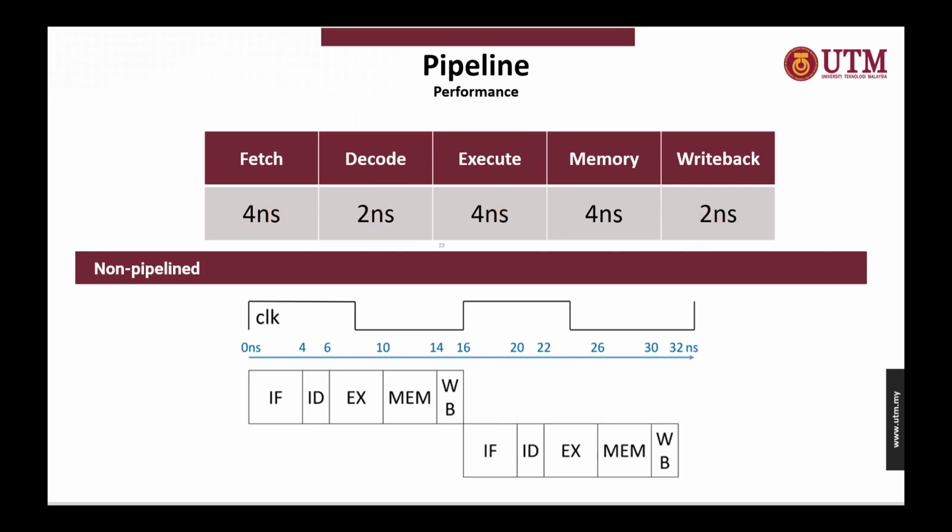So this is for one instruction, with 5 stages. For the non-pipeline, first we're going to do a fetch. So fetch will cost you 4 nanoseconds.